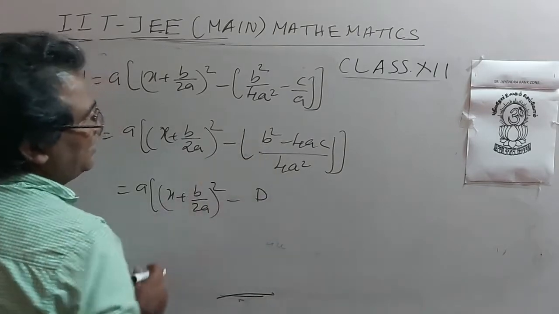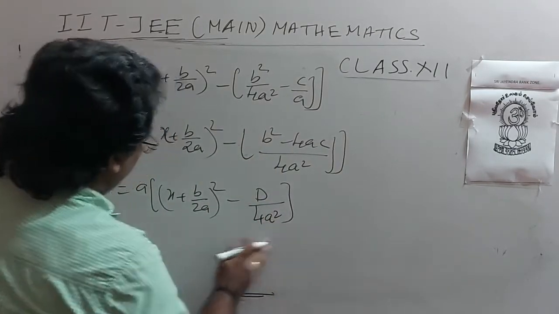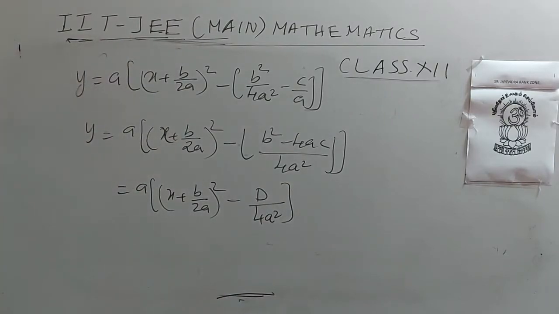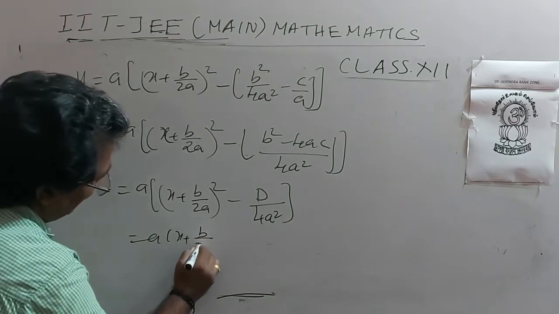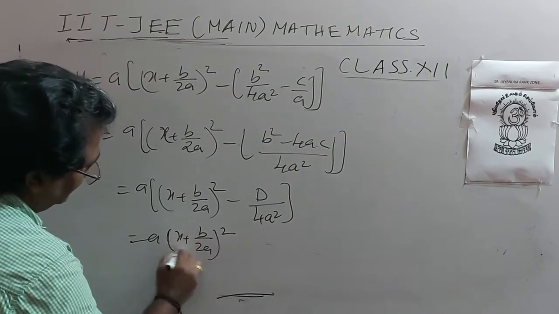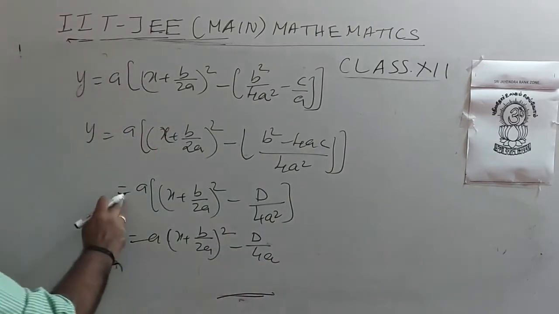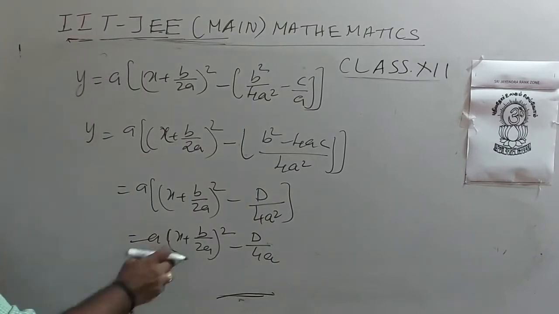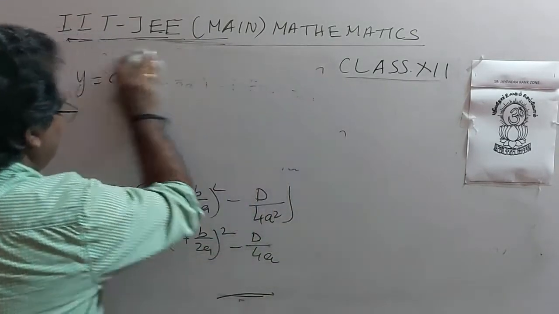So this is equal to discriminant by 4a squared. A into x plus b by 2a the whole squared minus d by 4a, multiplied with 4a square, we will get this answer.